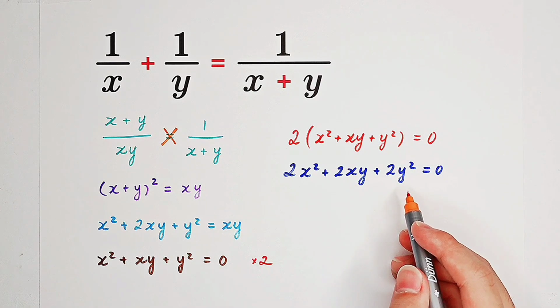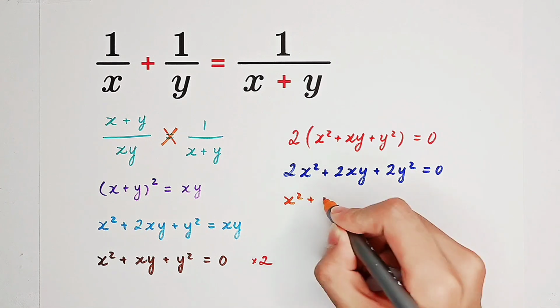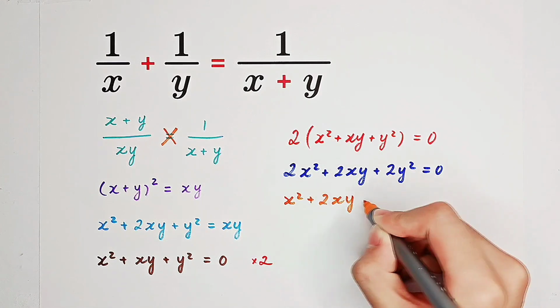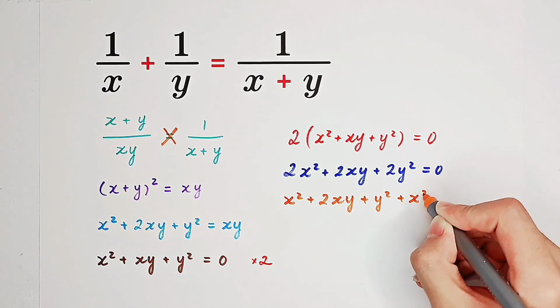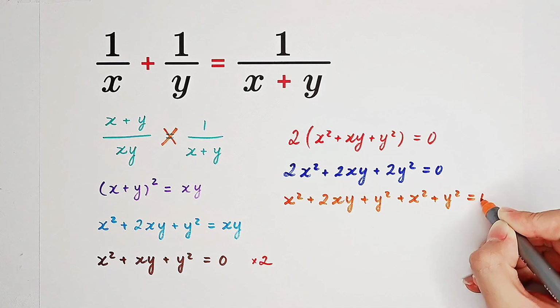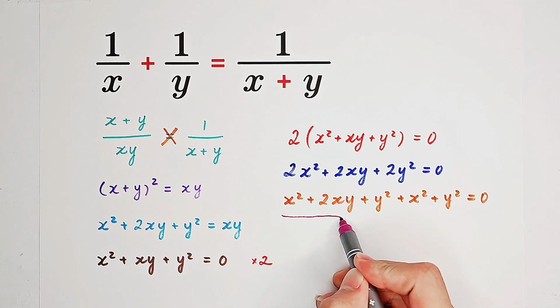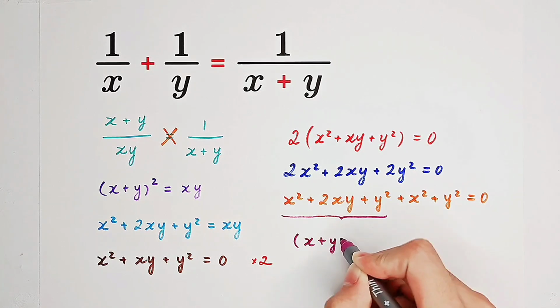Having noticed that this can actually be written as x squared plus 2xy plus y squared, then plus another x squared plus the other y squared. This first one is x plus y squared.